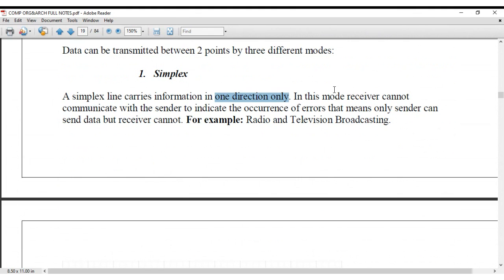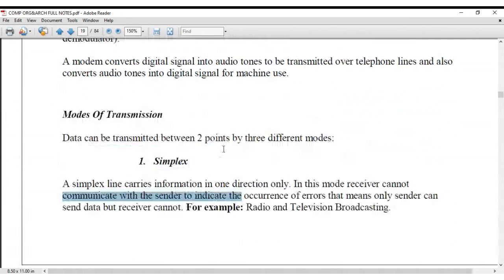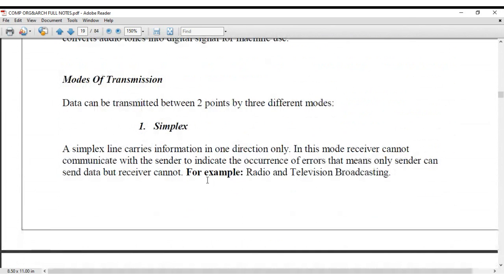So the receiver cannot communicate with the sender at the time that the sender is sending a signal. Simplex transmission is very applicable in walkie-talkies, the over-overs for policemen, where you speak and then they speak, so you can't speak simultaneously, you have to alternate speaking. That is simplex transmission.